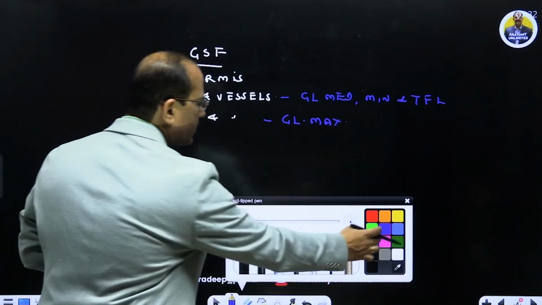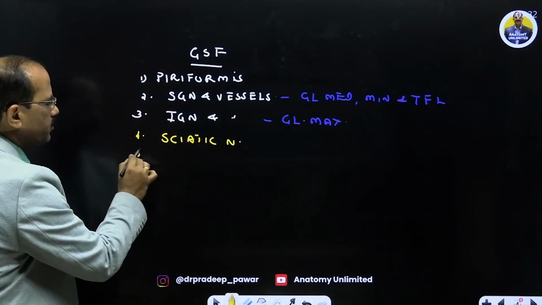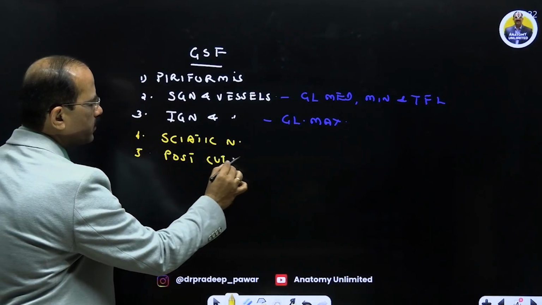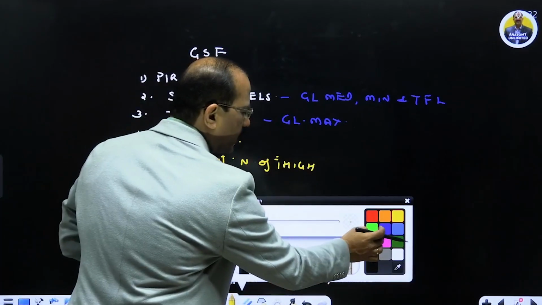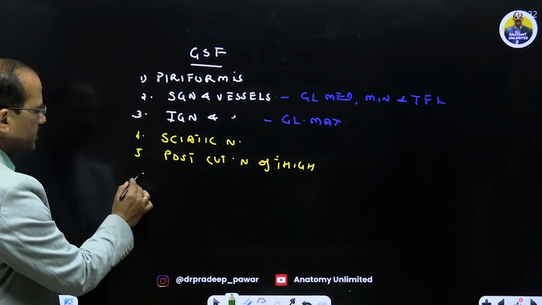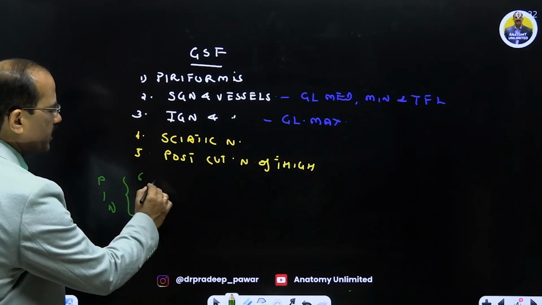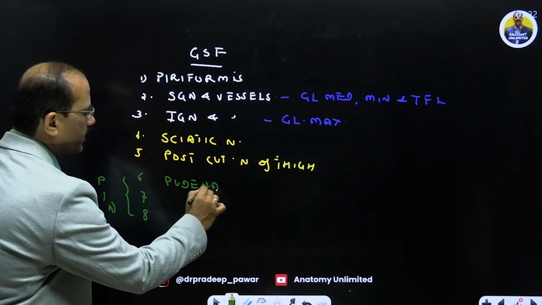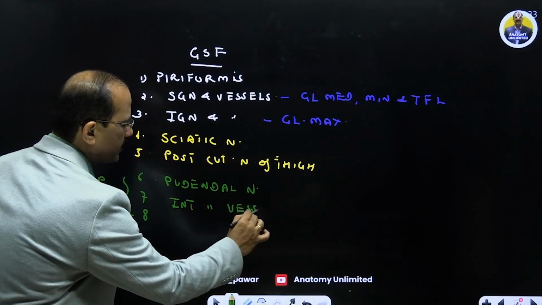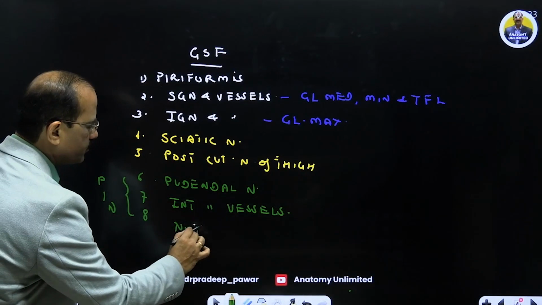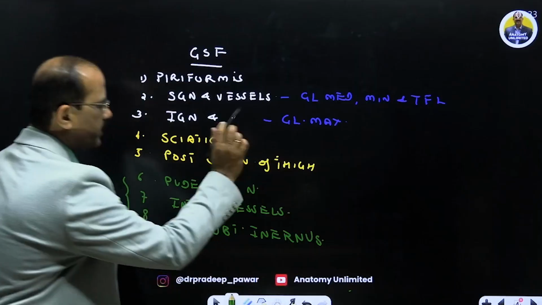Fine. The next nerve is the sciatic nerve. Next is the posterior cutaneous nerve of the thigh. Next come three structures, 6, 7, 8, with the name PIN. This is the mnemonic: PIN. What is P? Pudendal nerve, internal pudendal vessels, and nerve to obturator internus.